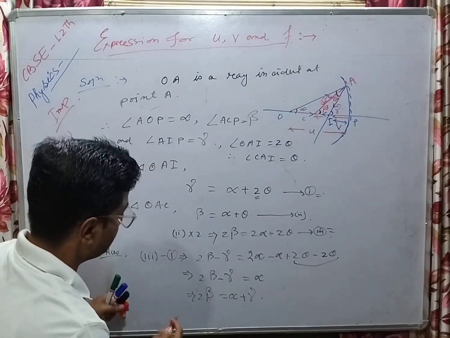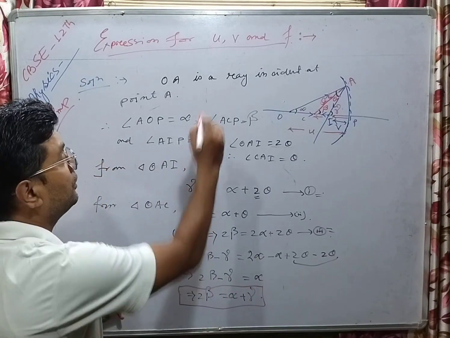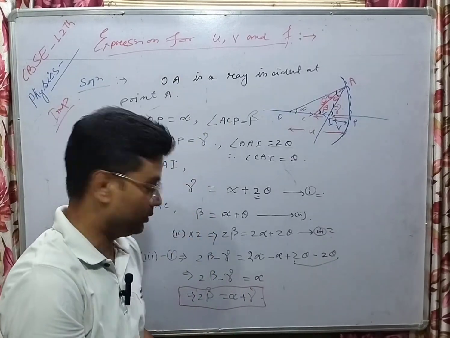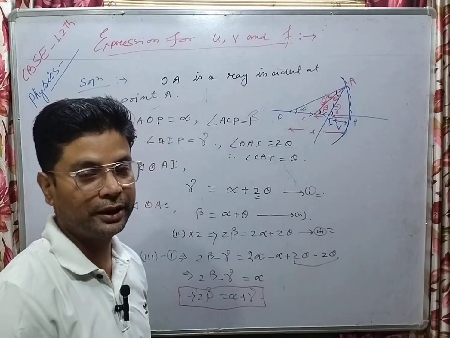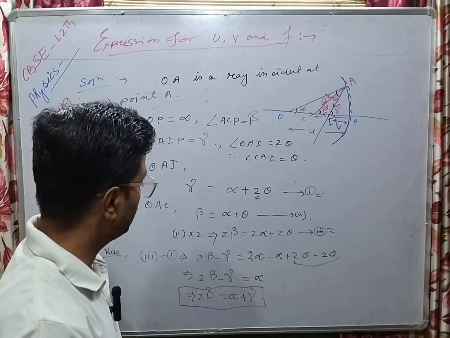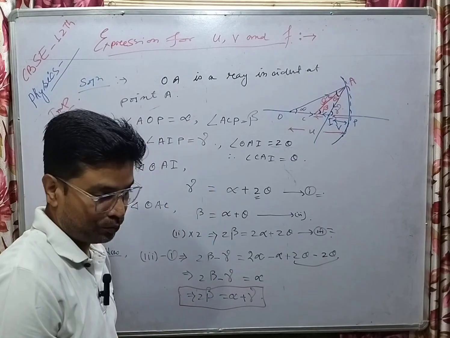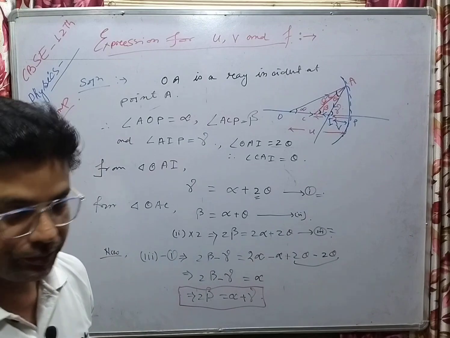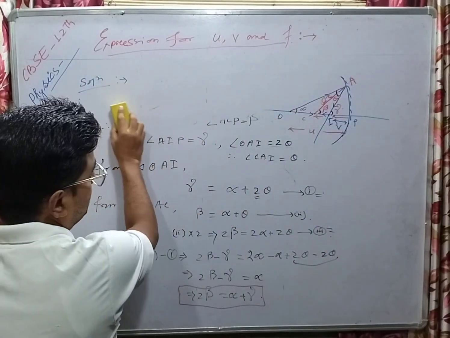This expression, twice beta is equal to alpha plus gamma, is very important for my discussion. Therefore I will write this at the top of the board. I am going to erase this.